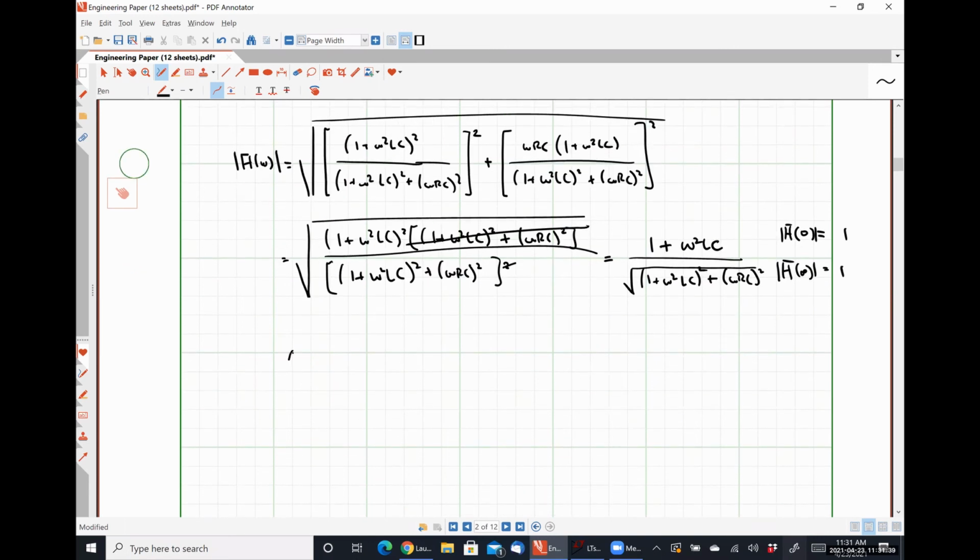So our frequency response is going to look something like this, where this is 1. This is our resonant frequency.